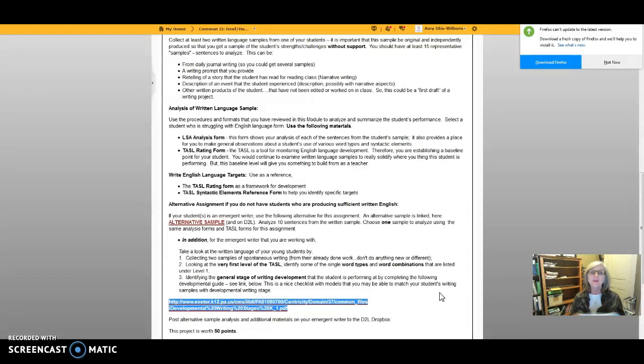And so you can do the same thing by collecting a sample of their communication, again targeting what seems the most complex that they're doing, the most structure, get good variations in the kinds of structures that they're using, and then analyze them. You could use the early level of tassel because, frankly, a lot of the same forms in early English, if you're looking at two signs, look kind of the same.